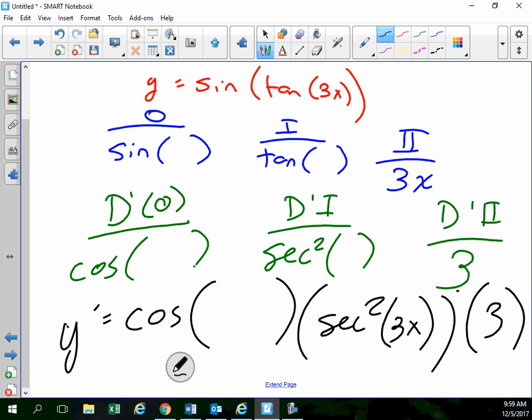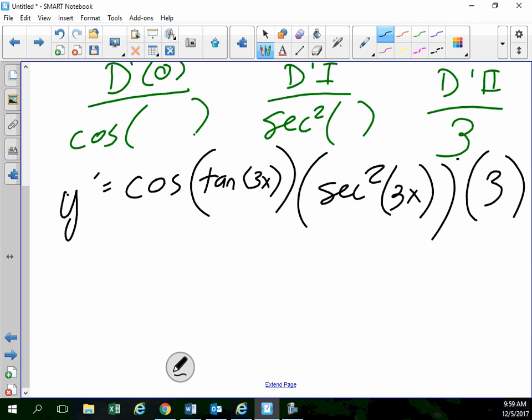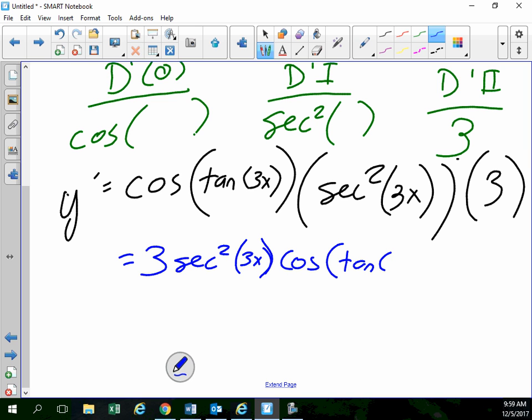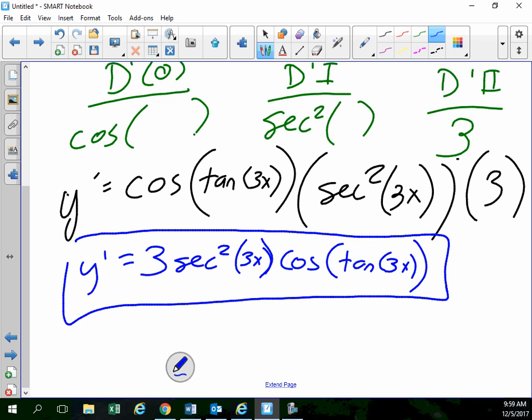Tangent of 3x. I'm just going to clean this up. I'm going to put the 3 in front, and secant squared 3x up front, and it's cosine of tangent 3x. Reality is it doesn't matter the order, because it's all multiplication. But I tend to do that, especially if I've got pieces and pieces.